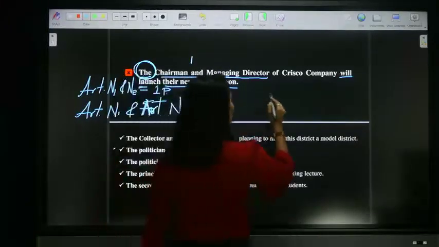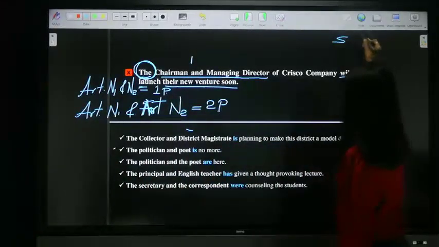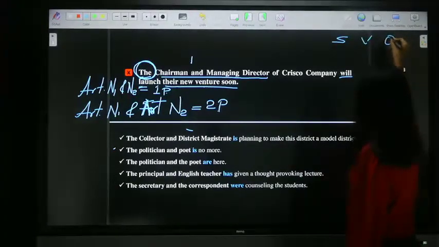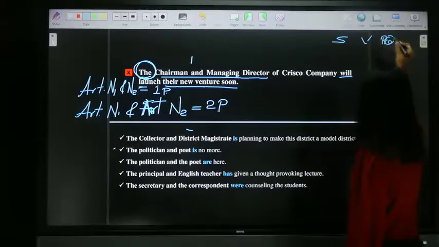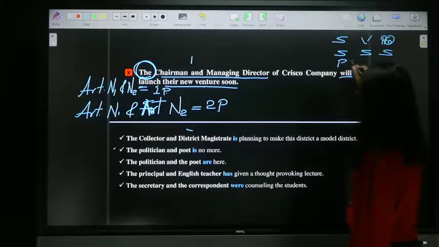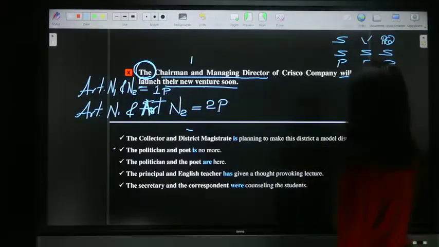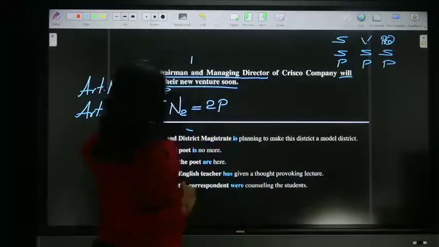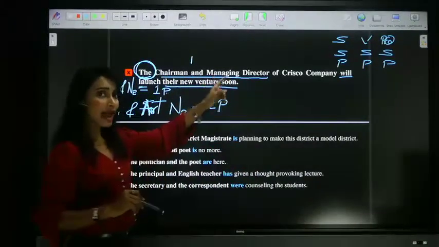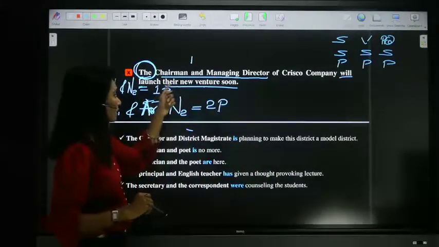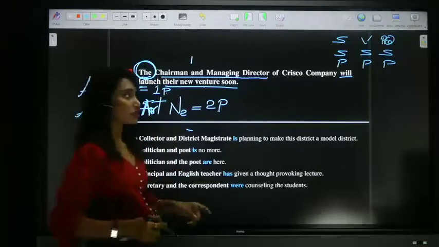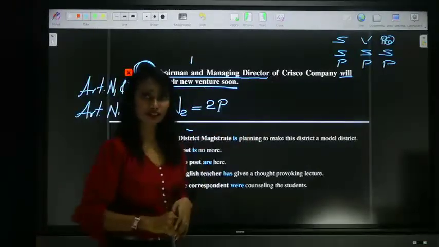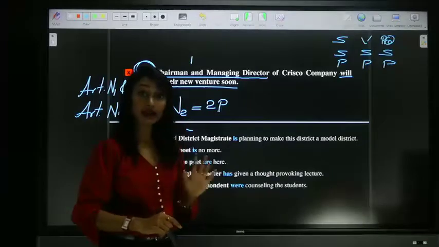When the subject is singular, the verb and the pronoun in the objective case must be singular. If the subject is plural, the verb and the pronoun will be plural. I hope this is clear to you. Now, in the sentence, the chairman and managing director of Crisco company will launch, the verb is in future tense, and in future tense singular and plural are the same.